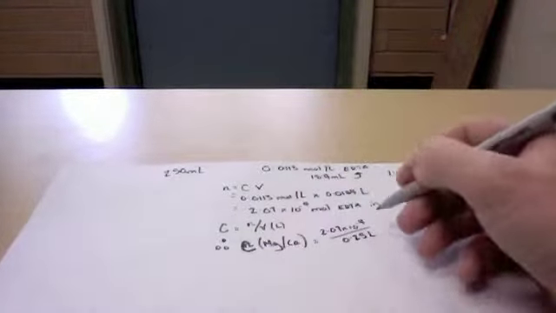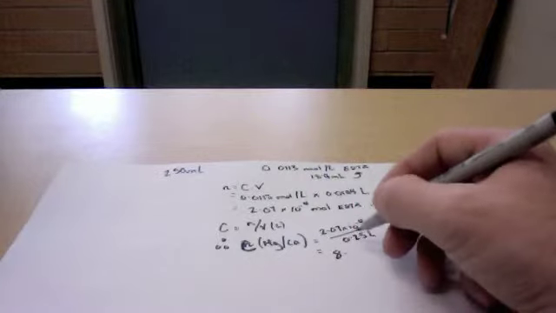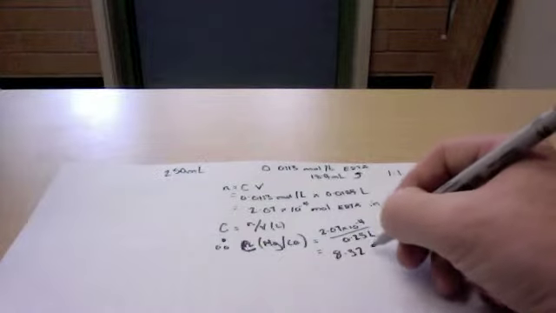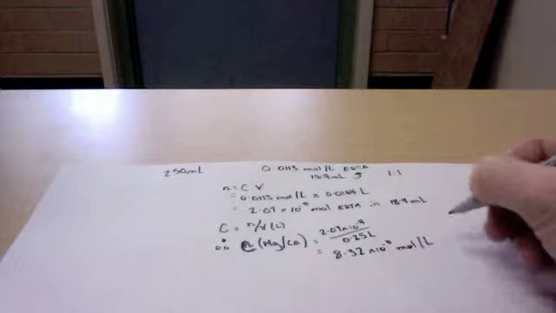There it is, in litres. And if you put that into your calculator, you'd be told that concentration would be 8.32 times 10 to the negative 4 mole per litre.